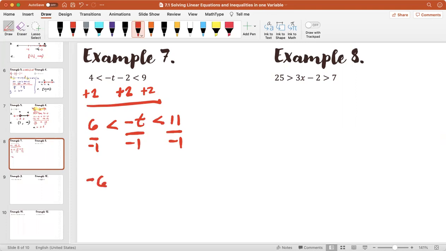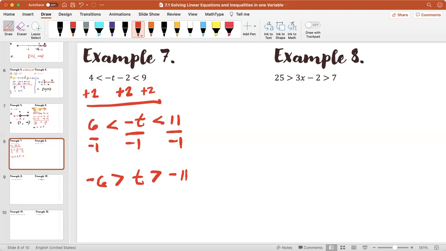And negative t divided by negative 1 is positive t. 11 divided by negative 1 is negative 11. But since we've used a negative 1 as our divisor, we change the directions. So this is greater, greater. But now we have negative 6 greater than t greater than negative 11.